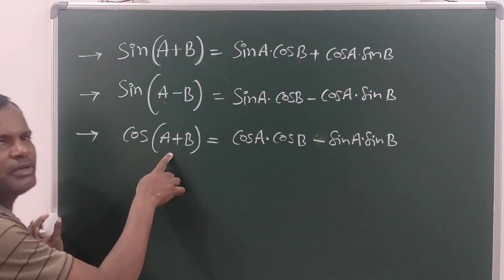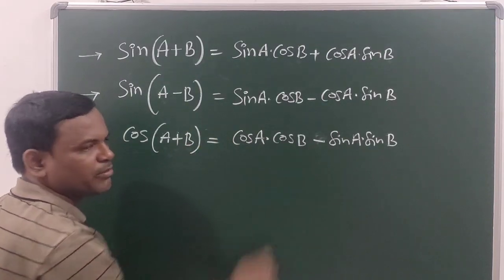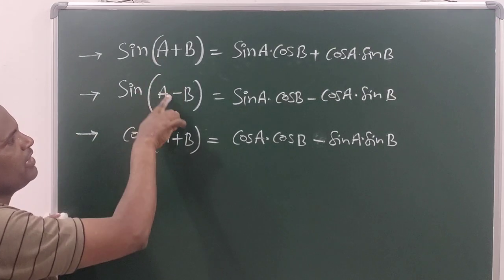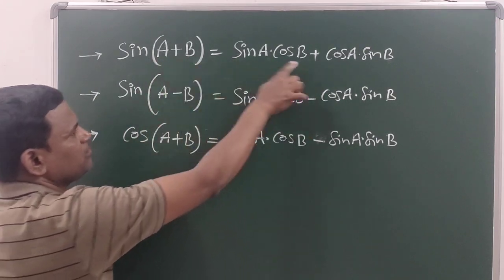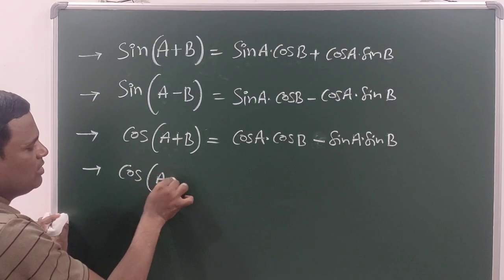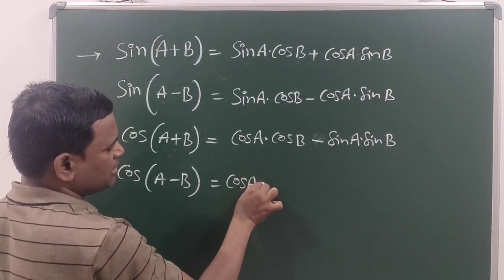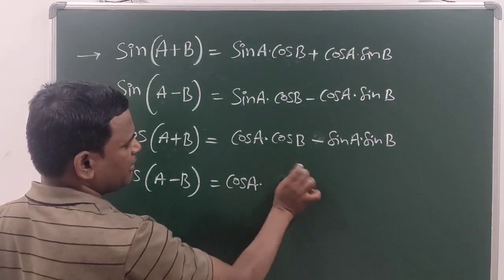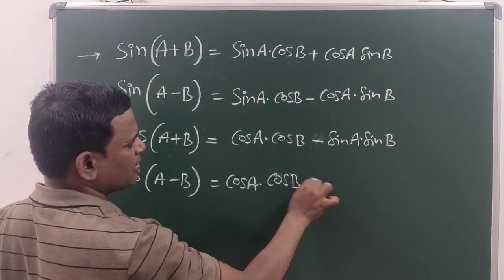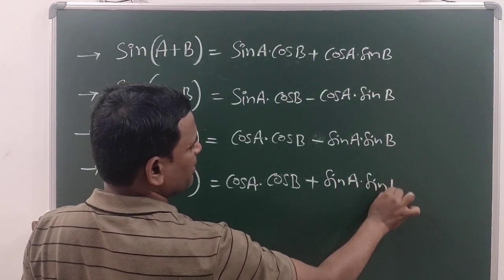For the cos A plus B, if plus is there between the angles, on the right side minus will come. But in the case of sines, minus, minus, plus, plus. So right, next cos A minus B, which is equal to cos A into cos B plus sin A into sin B.